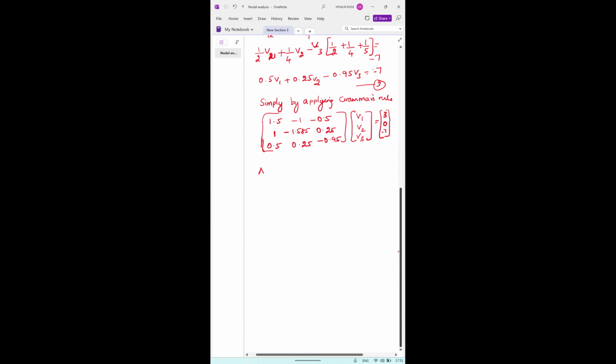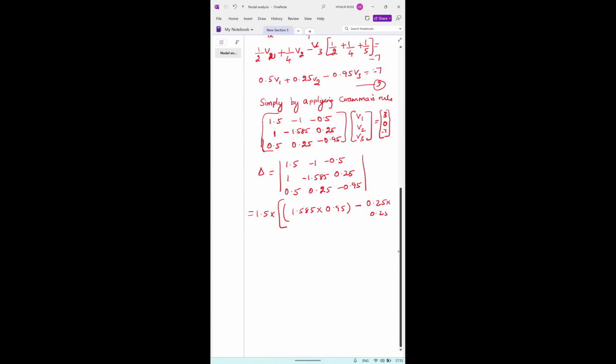First find del. Del equal to the determinant of 1.5, minus 1, minus 0.5, 1, minus 1.585, 0.25, 0.5, 0.25, minus 0.95. So it is 1.5 into 1.585 into 0.95, minus into minus becomes plus. Minus 0.25 into 0.25, minus into minus becomes plus.